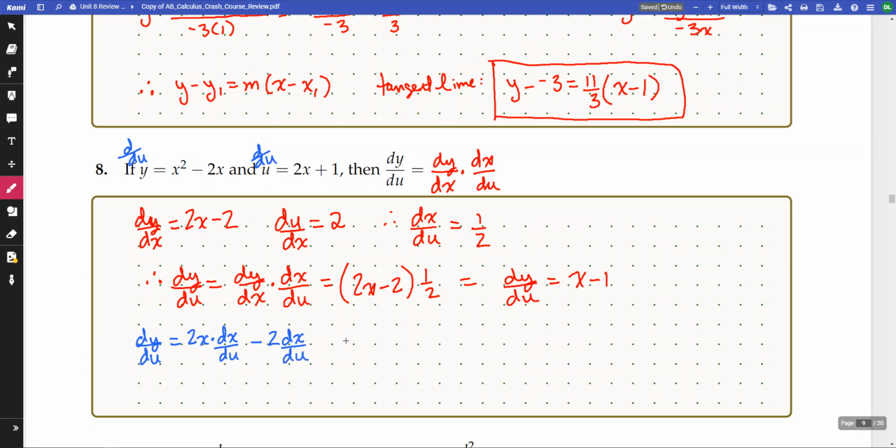Right? And we also have that 1 is going to be equal to 2 times the derivative of x with respect to u.